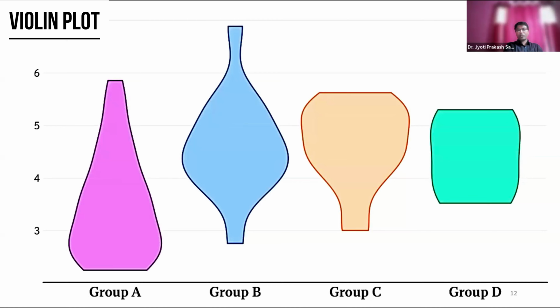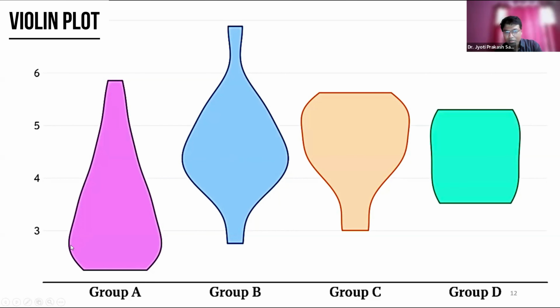This is the violin plot. It shows the distribution pattern. The width corresponds to the number of values in that range. Like this portion is wide for group B. That means the majority of the values in group B lie here in this section, between 4 and 5, around 4.